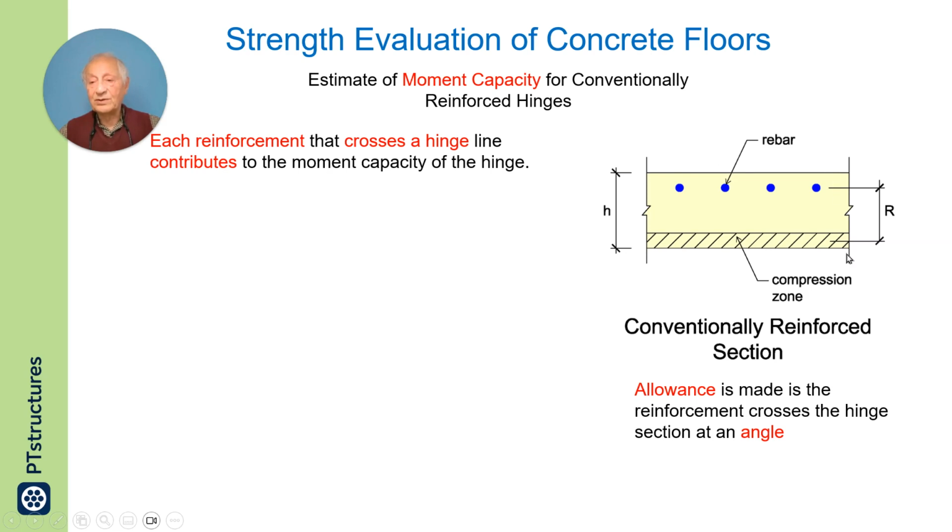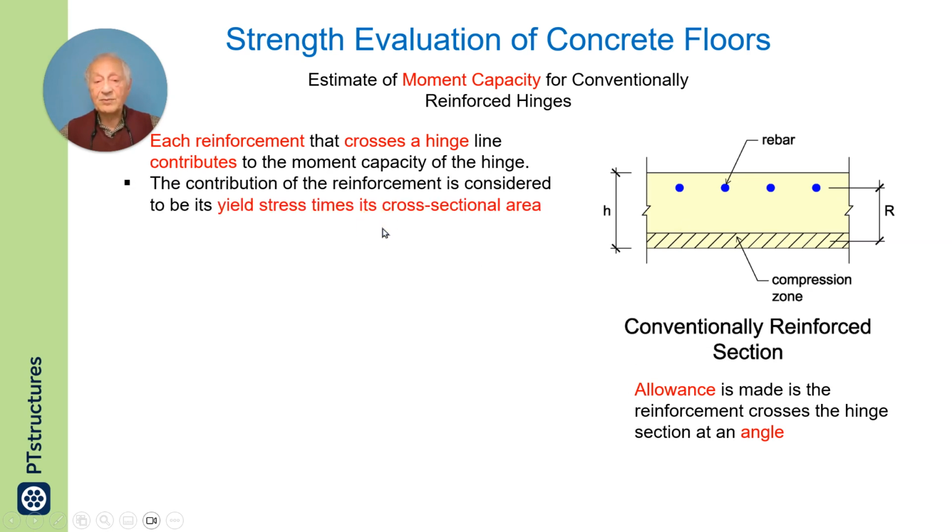If you look at the section I am showing you, like I showed you on the top right, it is conventionally reinforced. Typically, the reinforcement is either at the top or at the bottom. Mostly, there may be reinforcement at both sides, but typically the larger reinforcement is at the top or at the bottom.